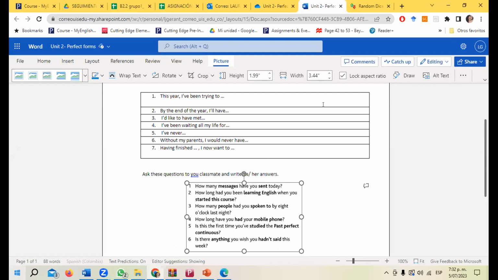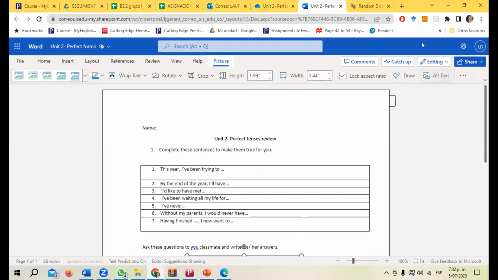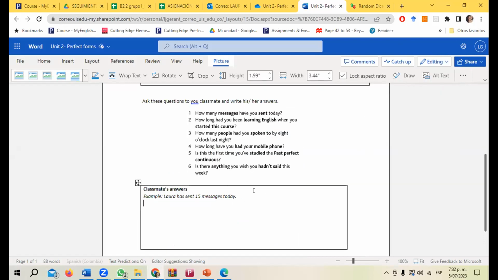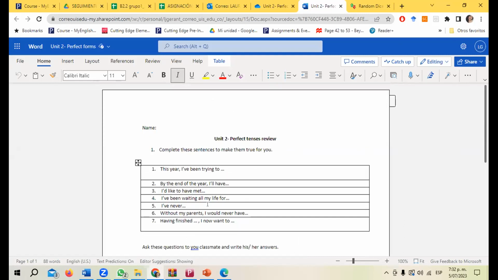Okay, so we are going to do some writing practice. This will be in pairs and also individually. The first part has 7 sentences. You have to complete the sentences to make them true for you. The documents will be individual, and each of you will have to upload your own version.